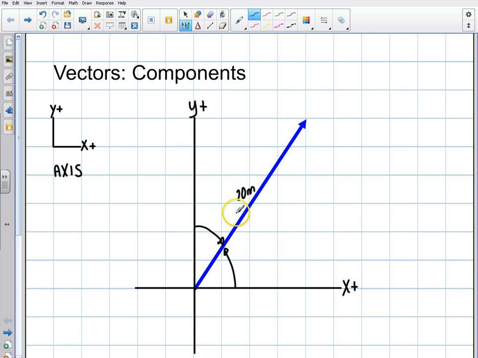Well, either one is correct, but one of them is used as the default method in physics. You can have an angle to the vertical or to the horizontal, but what we want to use in physics is the angle to the horizontal most of the time.